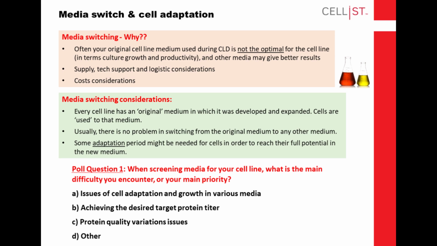So is it A, you encounter issues of cell adaptation and growth in various media you test, or B, achieving the desired target protein titer, the desired productivity that you set as a goal for this pipeline, or C, issues of protein quality variations? Are you worried about variations in glycosylation or charge variants? D, any other reason that you might have when considering new media? So I will let you answer if you can.